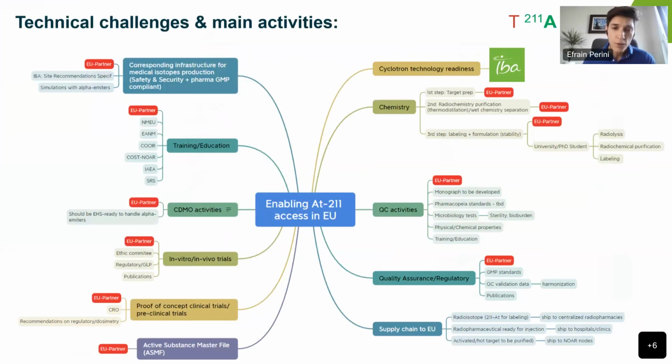Just as a clarification, for the supply chain in Europe we are planning to provide the radioisotope ready for labeling, the astatine ready for labeling, the radiopharmaceutical ready for injection, and also the activated hot target, which could enable us to ship over longer distances. Next slide, please.